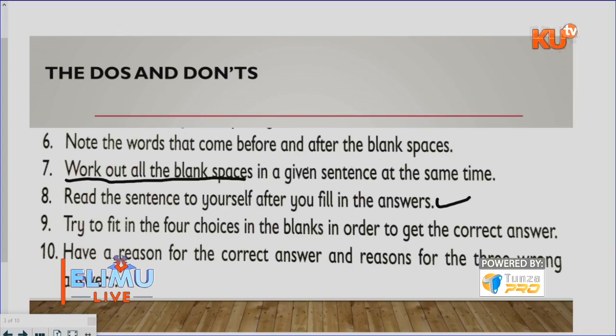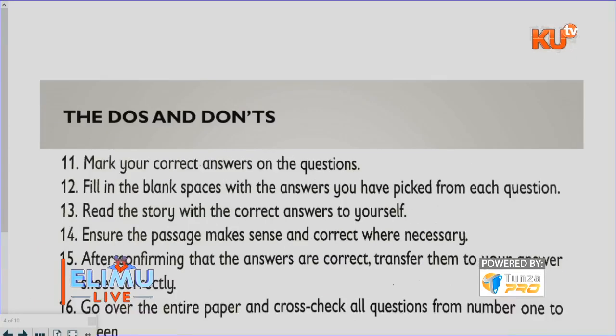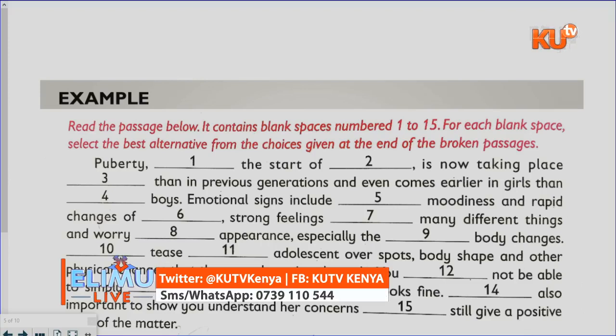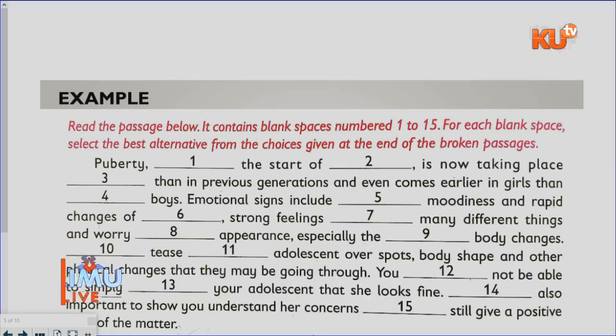After you have filled in your answer, in my example, we settle on or: puberty or the start of adolescence is now taking place. You have to read it after you have filled it in. Why are you reading it? To check whether it makes sense and it is correct.